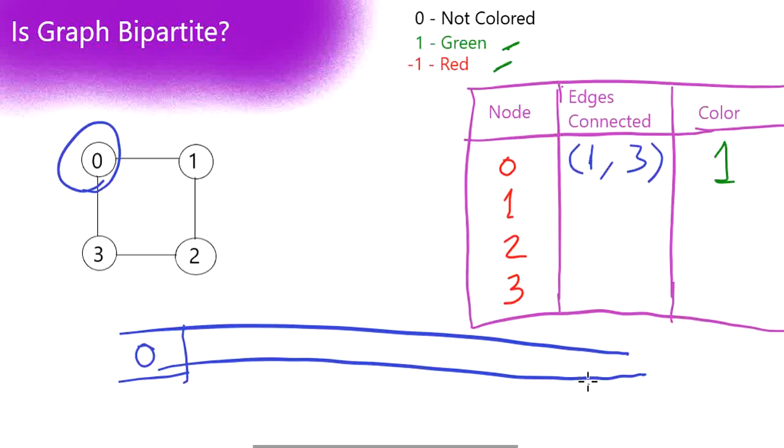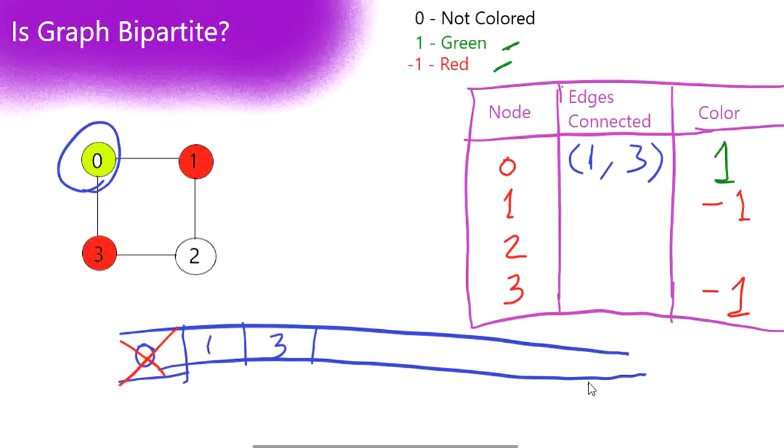The neighboring nodes are 1 and 3. We are going to put -1 at position 1 and -1 at position 3. So now we have updated the nodes with the respective colors and updated our queue with the neighboring elements 1 and 3. Once we have traversed 0, we are going to remove 0 from our queue.